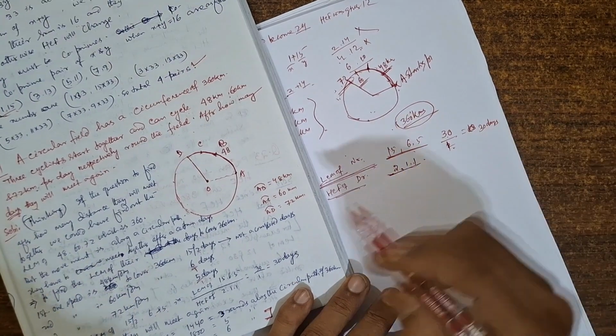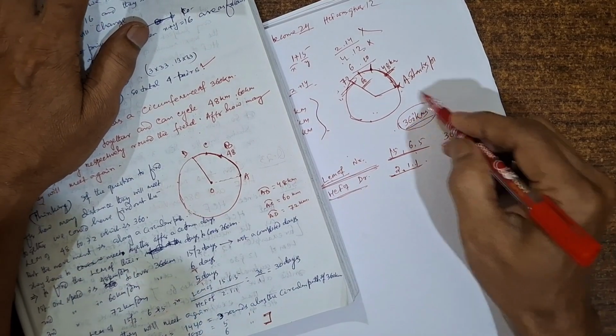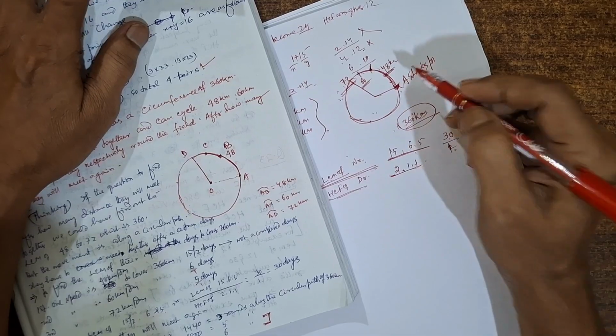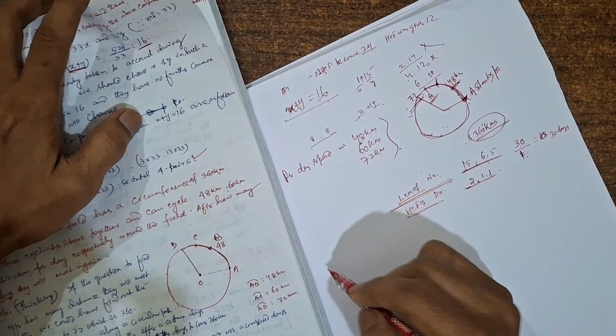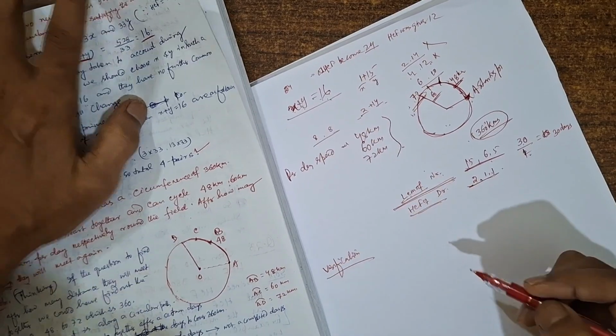After 30 days they will meet again, which means they will reach here. Let us verify whether the result is correct or not. How will you verify this?